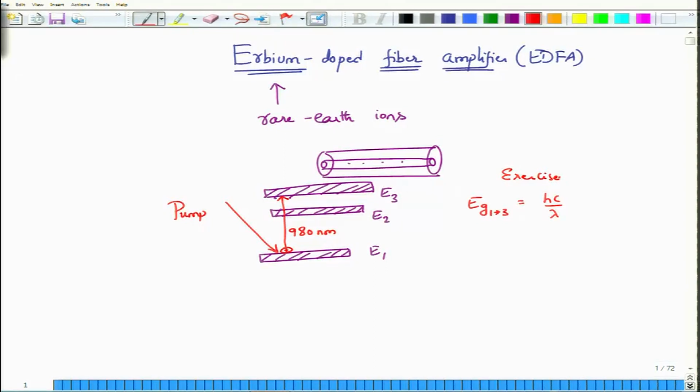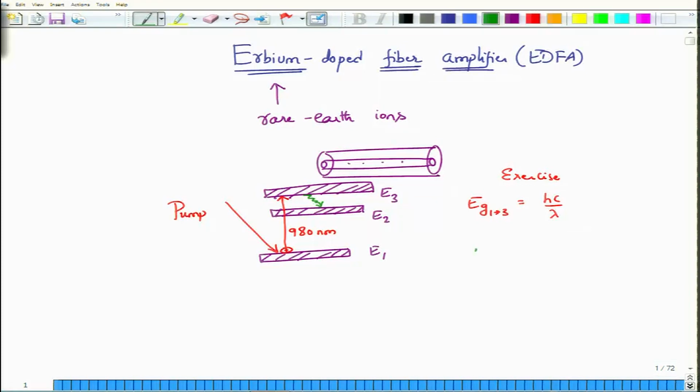When you pump it, the ions sitting in the energy state E1 will be raised to the energy level E3 by absorption of the pump photons, where they will quickly decay in a non-radiative manner to energy level E2. This is very crucial, and we have seen the conditions that are necessary for this.